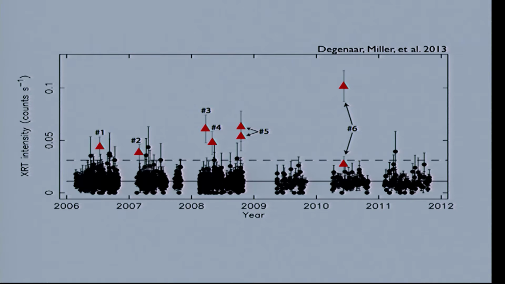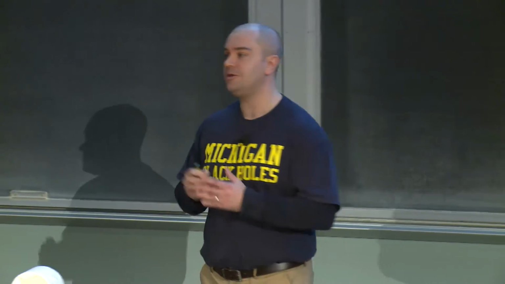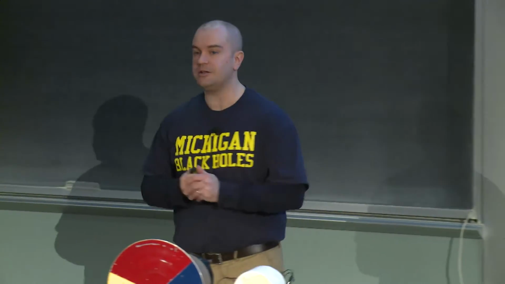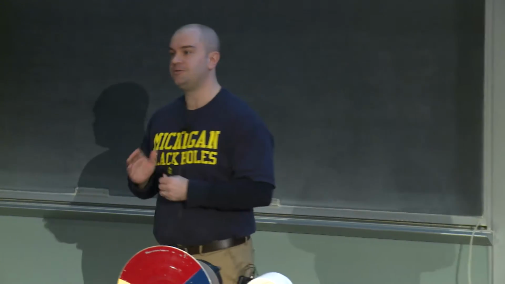And on this axis is the intensity of the light from our central black hole. And what we were looking for were occasional flares. These are accretion events where a little extra material accretes onto the black hole and heats up in X-rays just before it does. And we think this is pretty exciting, and it's telling us about the regime close to our own black hole, which is very nice.